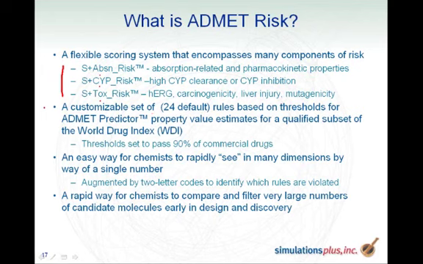By default, we have 24 rules, and these are based on thresholds of the World Drug Index. So we performed a similar experiment to what Lipinski did to create his rule of 5, in that we created a subset of the World Drug Index, then we calculated the properties for all the molecules, and then we set a threshold so that 90% of the commercial drugs would pass this threshold.